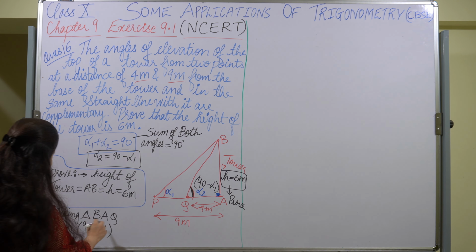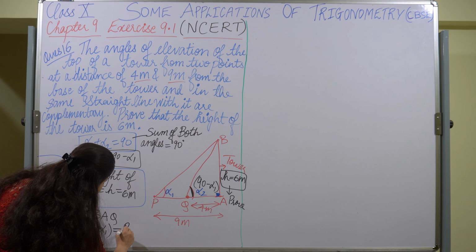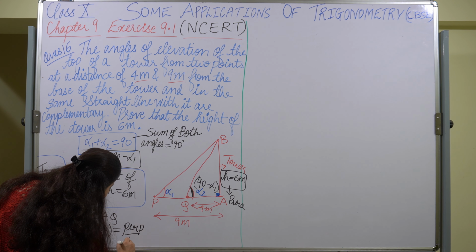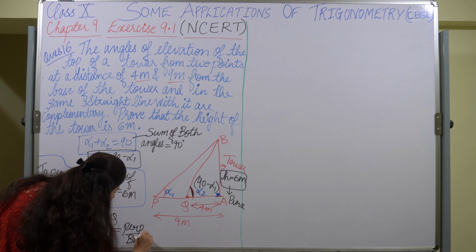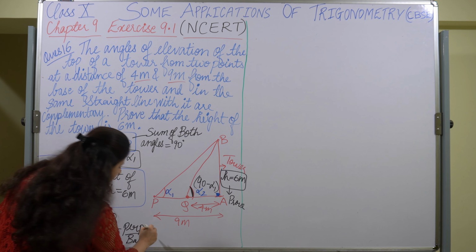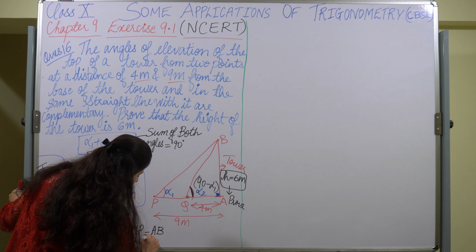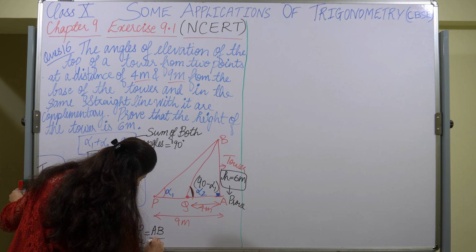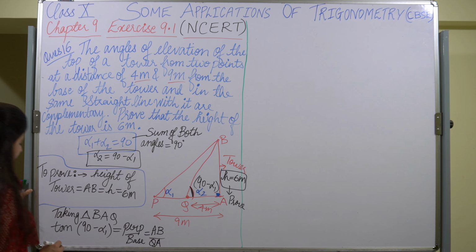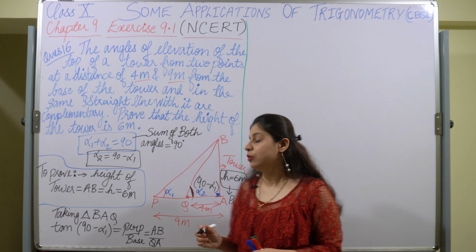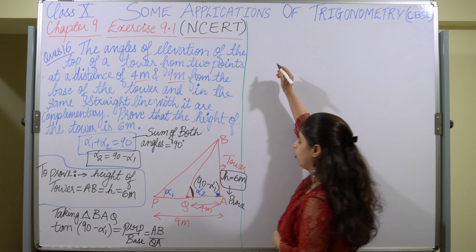So tan of 90 minus alpha 1 will be equal to perpendicular upon base. The perpendicular here will be AB and the base will be QA. So tan of 90 minus alpha 1 will be equal to AB upon QA.